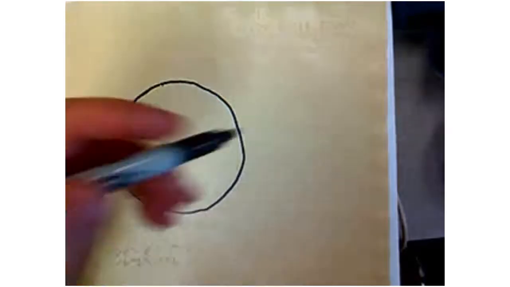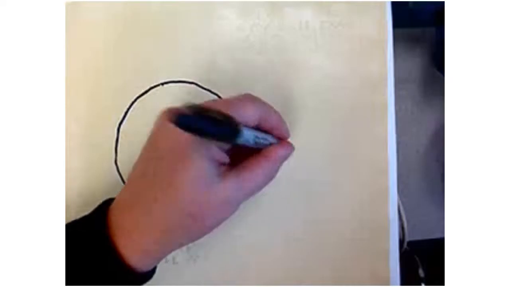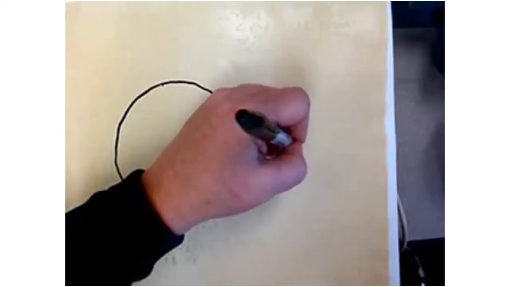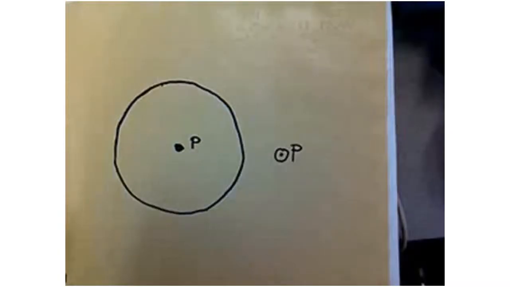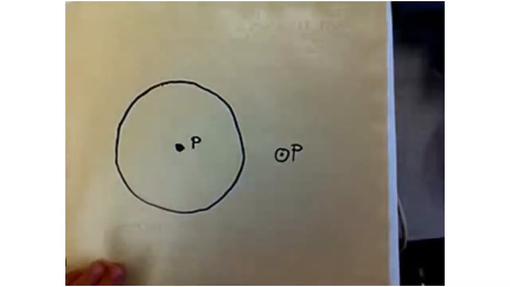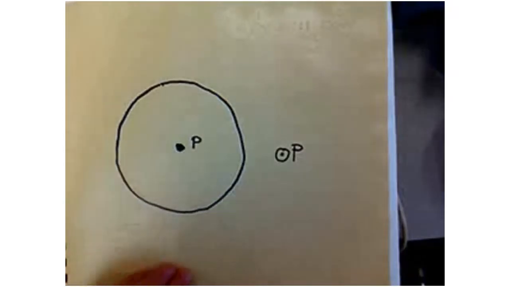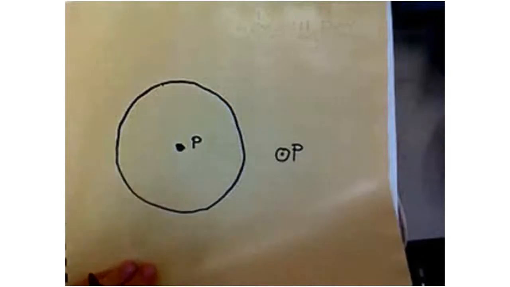In print, it's a little tiny circle with a dot in the middle of it to represent the center, and then a big capital P next to it. And so that's what they're trying to show in Braille. All right? Okay. And it says, note that a circle is named by its center. The circle above is named circle P.